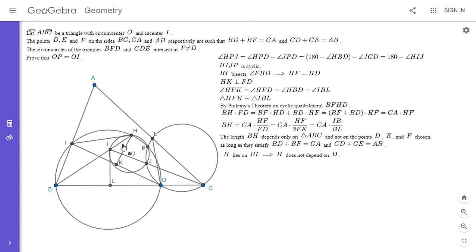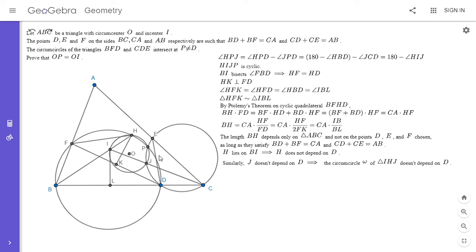So since H lies on the line BI, and that doesn't depend at all on D, if the length BH doesn't depend on D, then H doesn't depend on D. Then by the exact same argument, J also doesn't depend on D. And so if H doesn't depend on D, J doesn't depend at all on D if we moved it around. And so I also obviously doesn't depend on D. And so the whole circumcircle here doesn't depend on D.